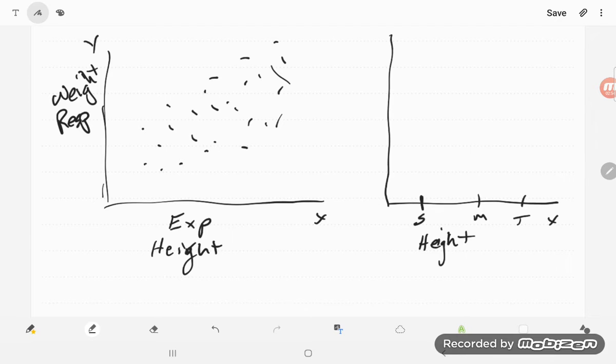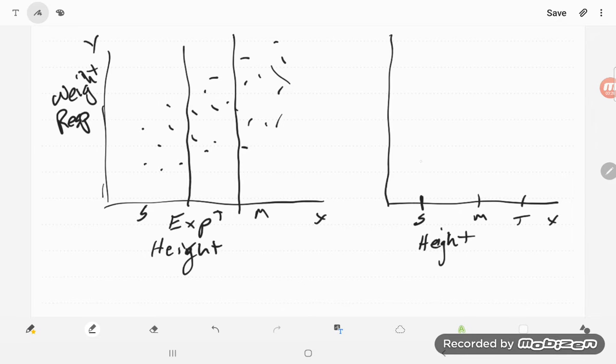And if I were to list them that way, wherever I decide short begins and ends, I'm going to divide my data over here. Here are all the short, and then here are all the tall, and here are the medium.